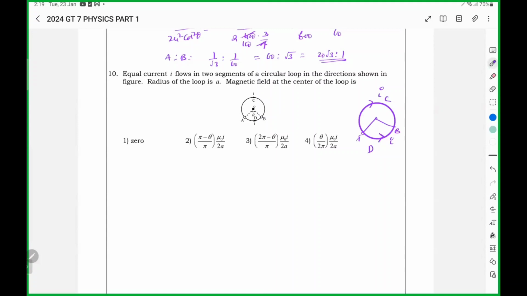Now I'll choose the ACB path and the ADB path. In the ACB path, current flows in clockwise direction.